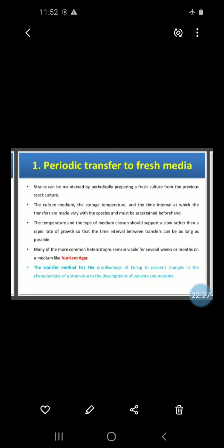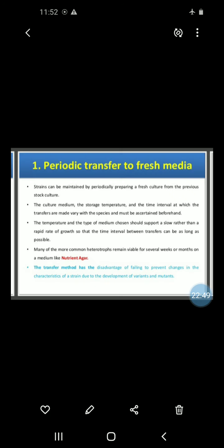The transfer method has a disadvantage: it fails to prevent change in the characteristics of a strain due to the development of variants and mutants.